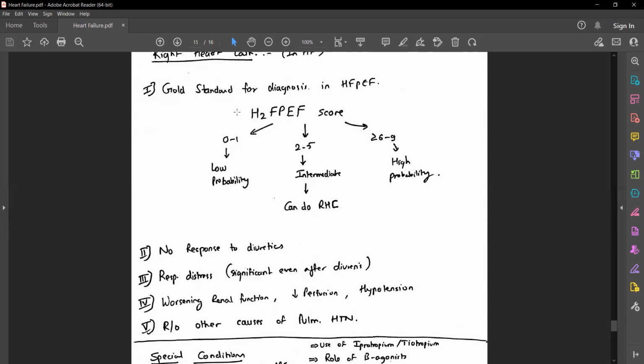In those cases, you can consider right heart cath, especially if you're diuresing a congested patient who has worsening kidney function, and you're not sure if the patient is not responding, or if the patient's pump is failing, if the patient is proceeding towards cardiogenic shock, with decreased perfusion. In those cases, you can proceed with a right heart cath.